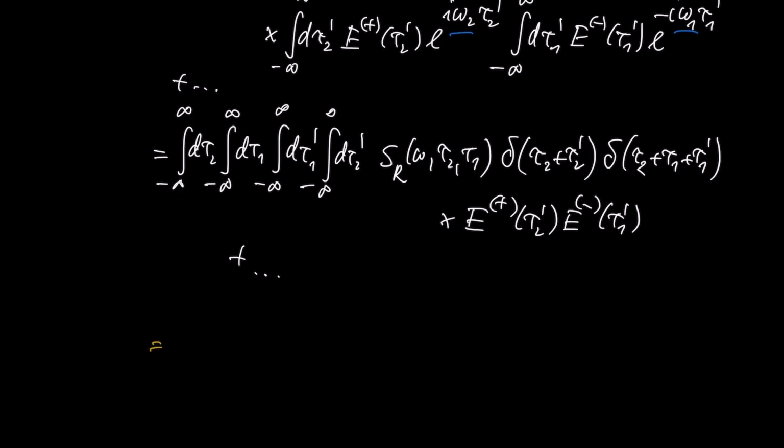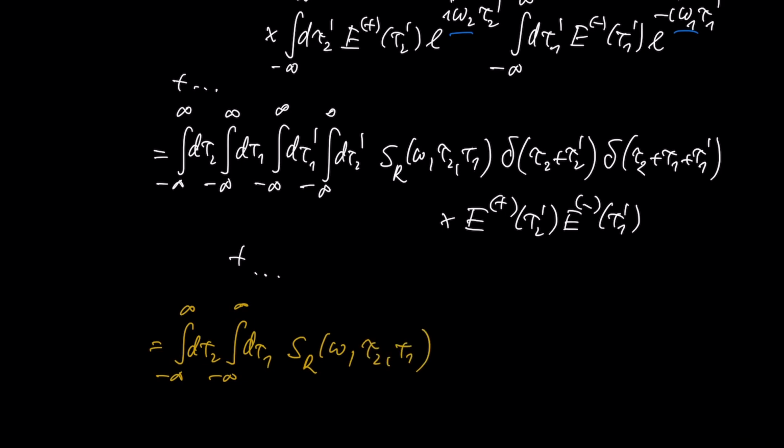It shouldn't be so surprising because we are missing all the expressions in which before we had t. So this is integral over tau 2, integral over tau 1. We got rid of the other two integrations by taking into account the delta functions. So we have SR of omega, tau 2, tau 1.